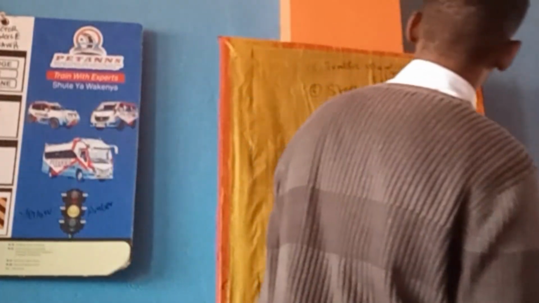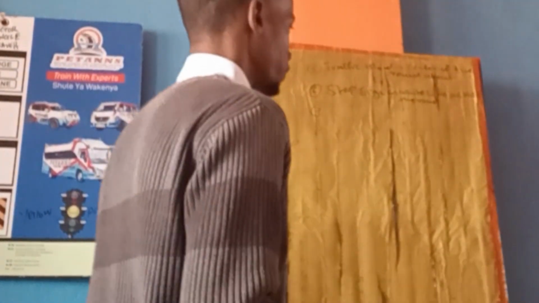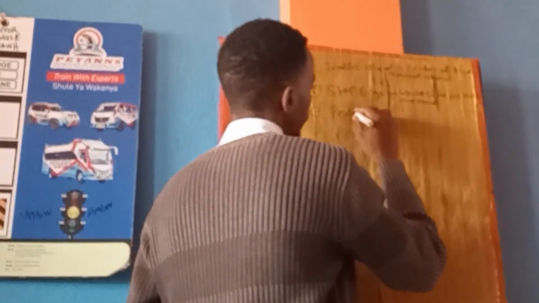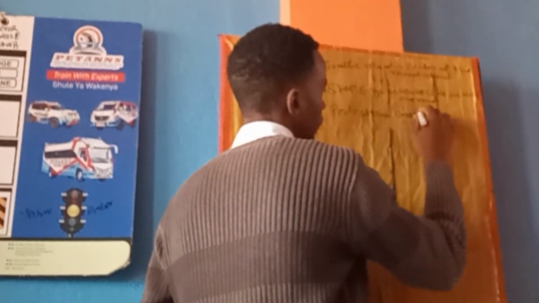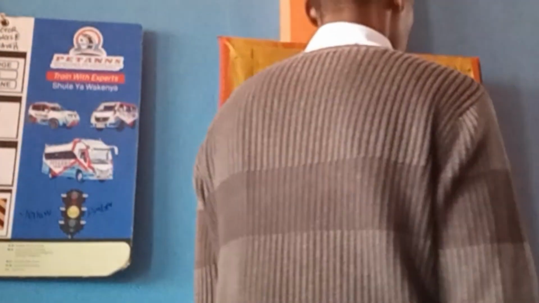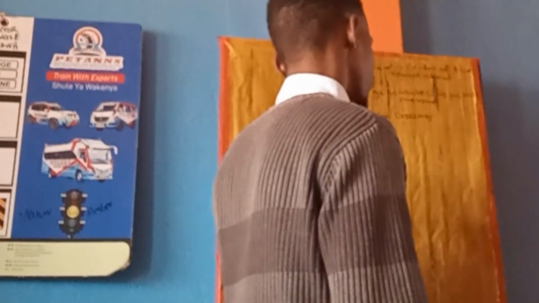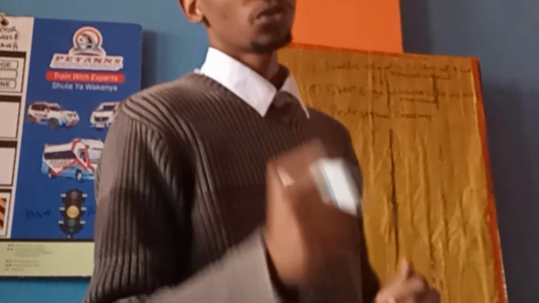Then kuna the pedestrian crossing, or zebra crossing, which is supposed to be a safe place for pedestrians to cross the road.